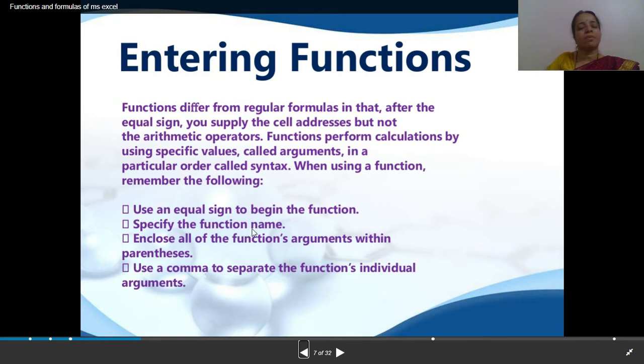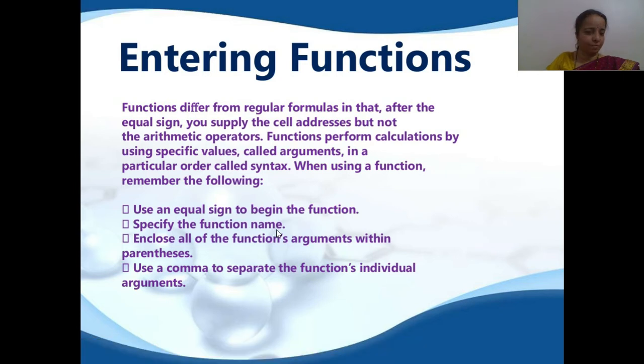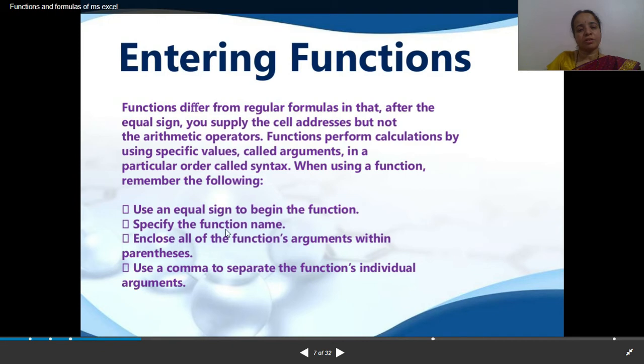For example, to add the numbers, we use the sum function, and to subtract the values, we can use the subtraction function. Enclose all the function's arguments within parentheses. We use parentheses to use the formulas.